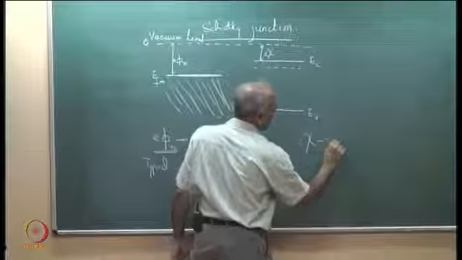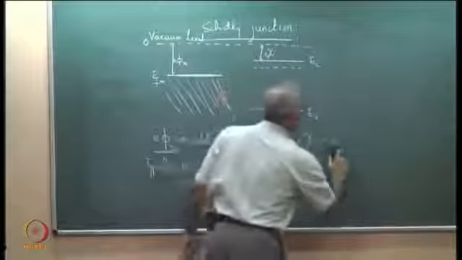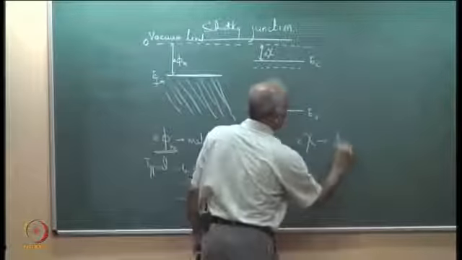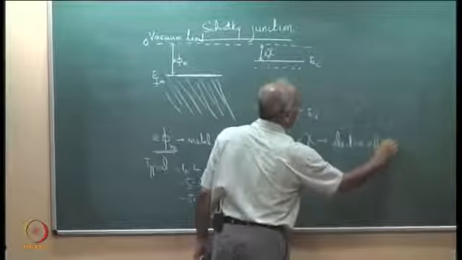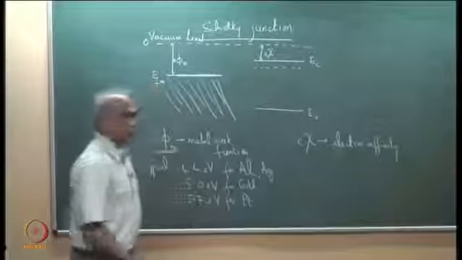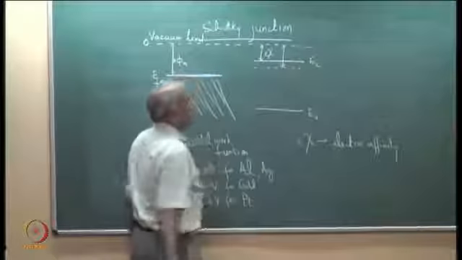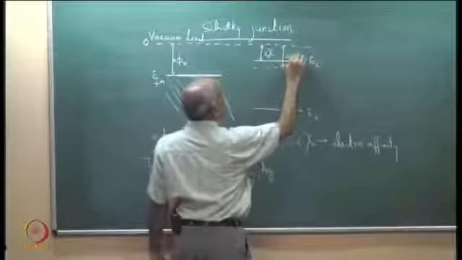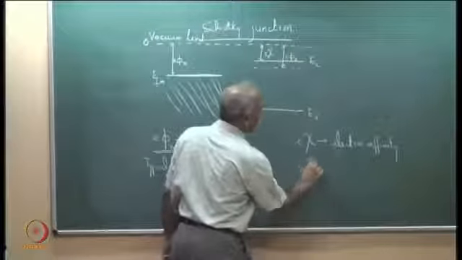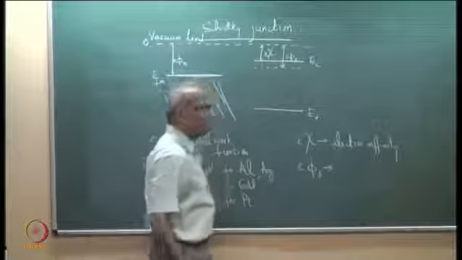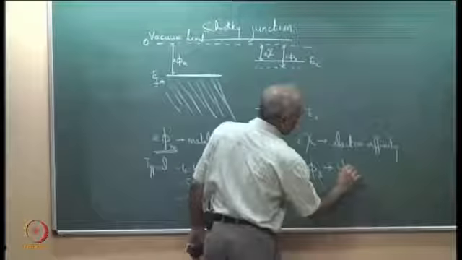Sometimes people call chi the electron affinity. And this is E phi s, the work function of the semiconductor. Although normally we don't use the work function of the semiconductor, this is analogous to the metal, so we have the work function of the semiconductor.